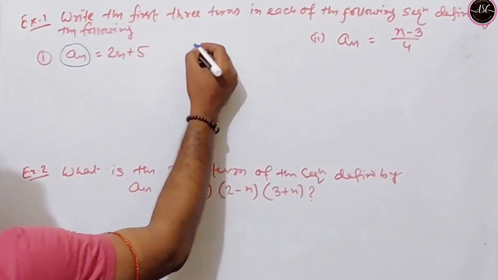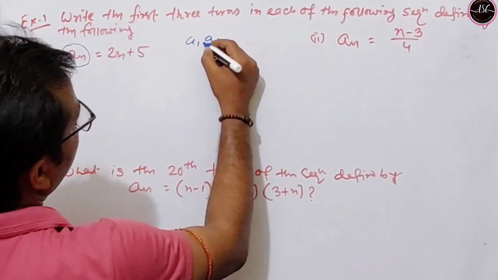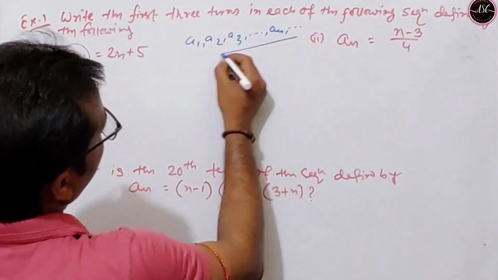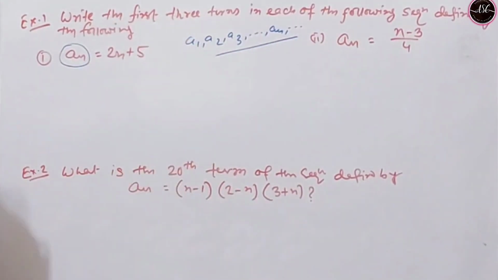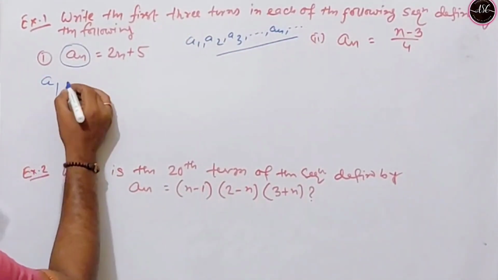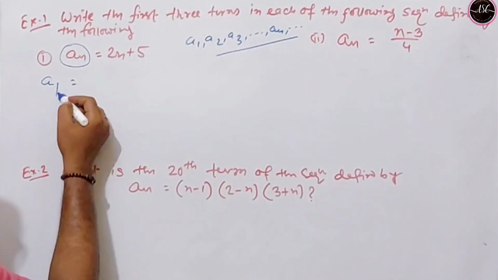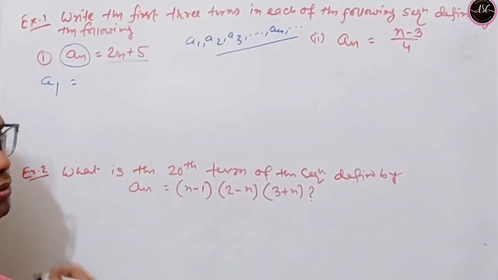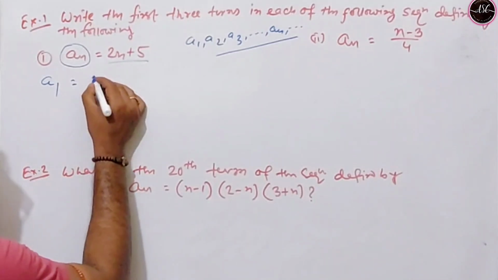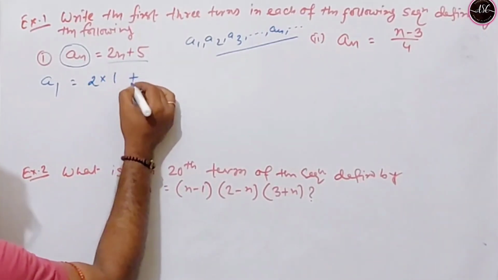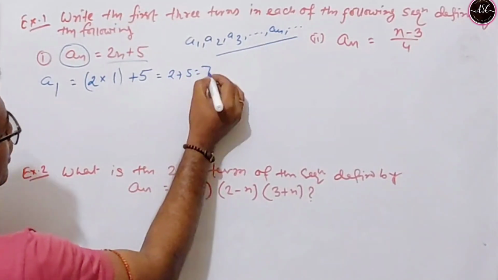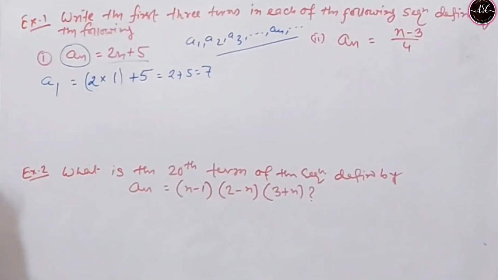To find the a1 term, write a1 equal to 2 into 1 plus 5. The value will be 2 plus 5 equal to 7. So the first term we have got.